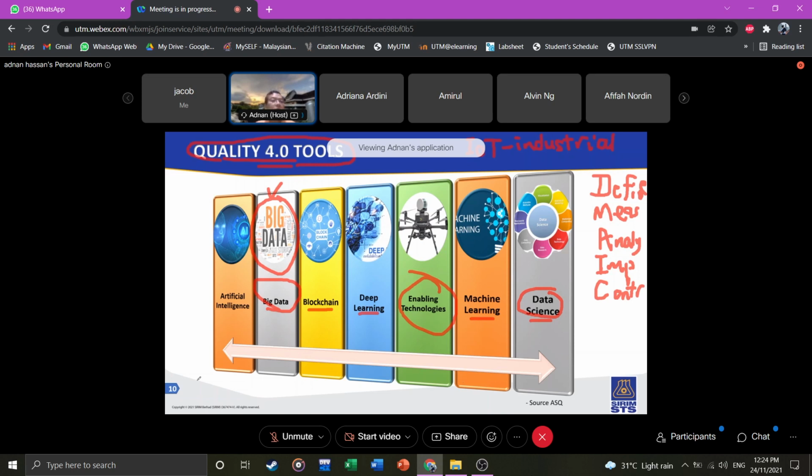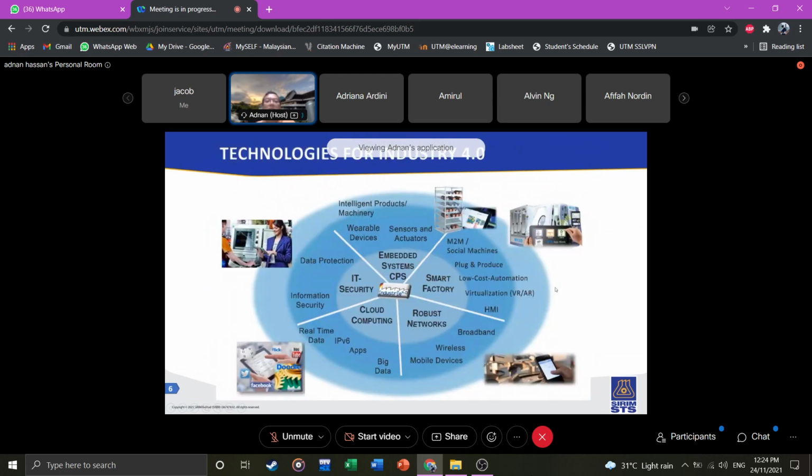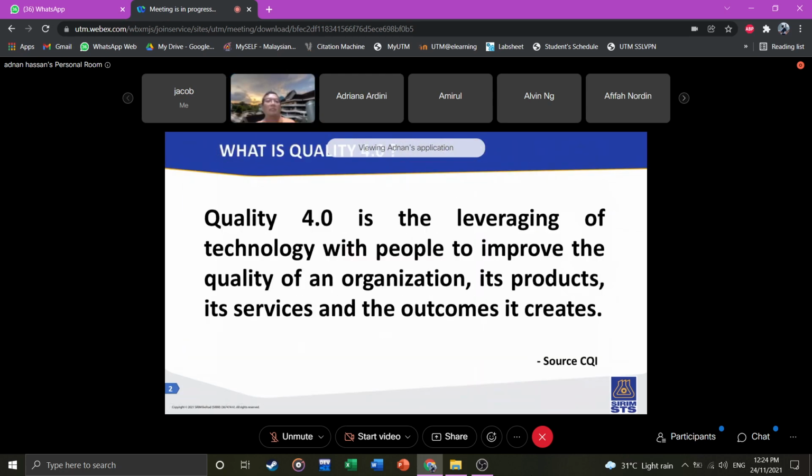Okay, so if we go back to the quality. Quality 4.0 is leveraging technology with people to improve the quality of the organization, its products, services, and the outcomes it creates.